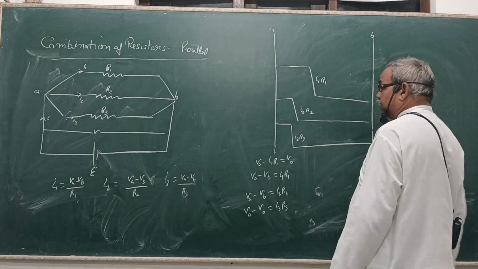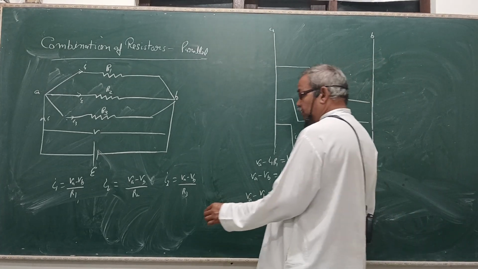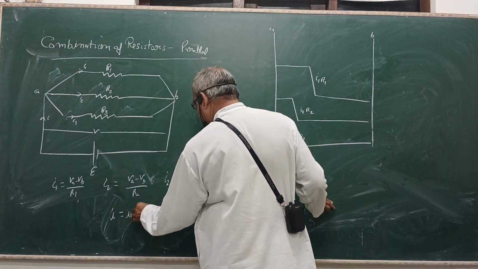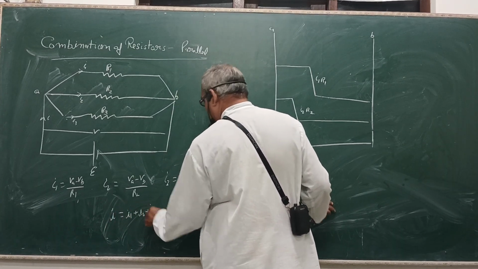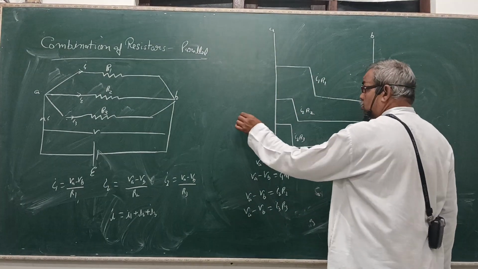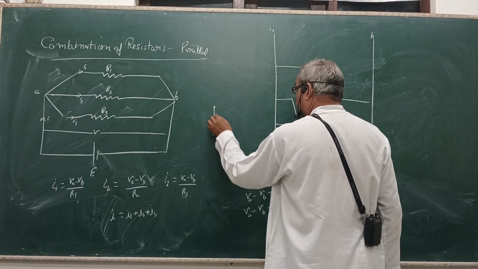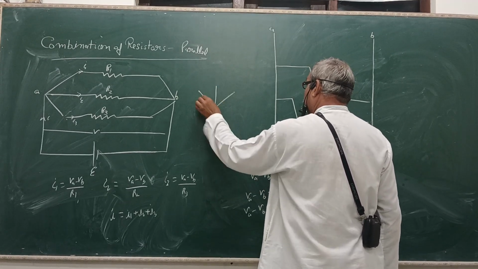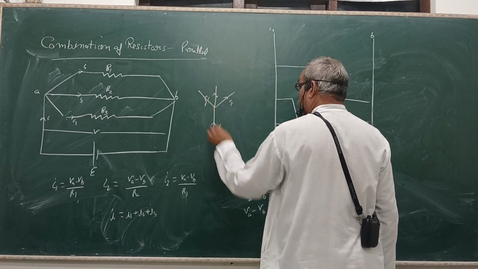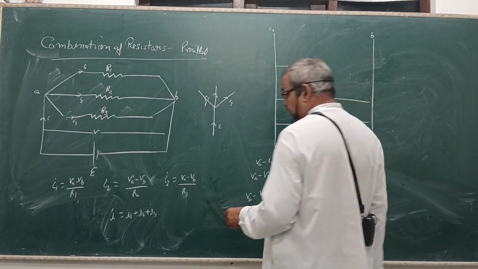In the circuit diagram connected to V, the total current I is equal to I1 plus I2 plus I3 according to Kirchhoff's junction rule. The current I flows in and divides into the three currents I1, I2, I3, so the input current is equal to the output current.